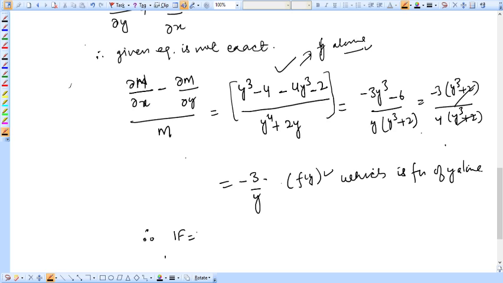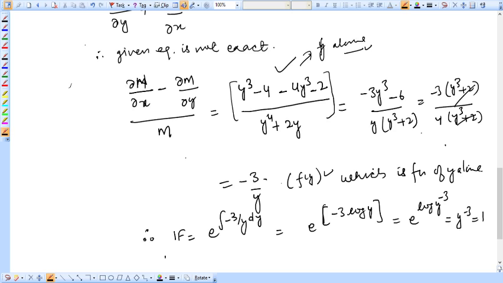the integrating factor is equal to exponential of the integral of minus 3 over y dy. It is equal to exponential of minus 3 log y. You can write it as exponential of log y to the minus 3, so log and exponential cancel, and it is equal to y to the minus 3, which is equal to 1 over y cube.